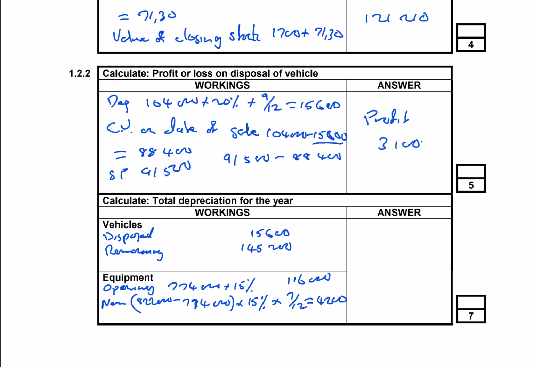So the entire total will be 4,200 plus 116,000 plus 145,200 plus 15,600. So the total depreciation will be 281,000.